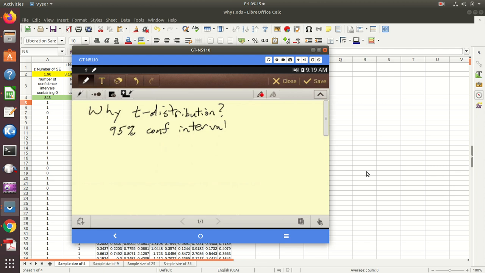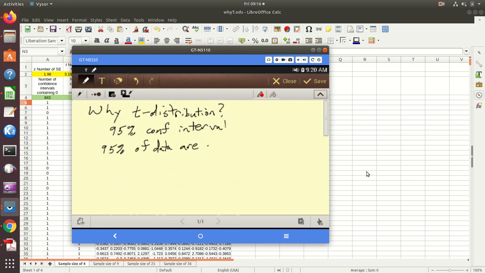But so we want this 95% confidence interval, and remember with p hat we assumed that we could think of this as a normal distribution, and we know that 95% of our data from a normal distribution is within plus or minus about two standard deviations.